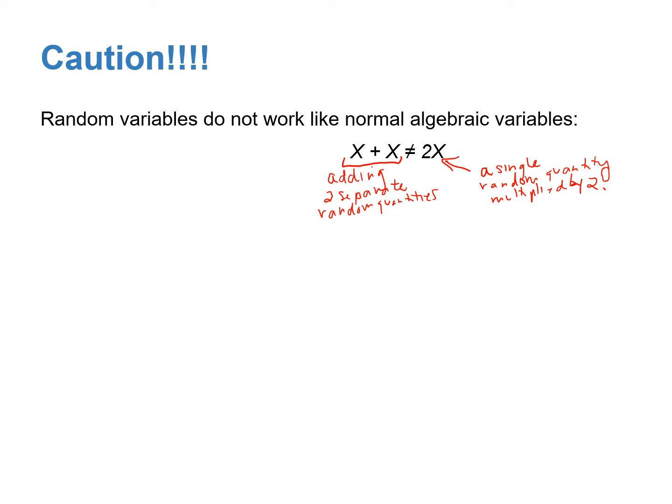So this would be like, for instance, the difference between I roll a 6-sided die twice and I add up the sum of the two numbers that land facing up, versus 2 times x, where I roll the die once and I multiply the outcome for the number that's landing face up by 2. We can understand that those are very different things that would have different probability distributions associated with them.